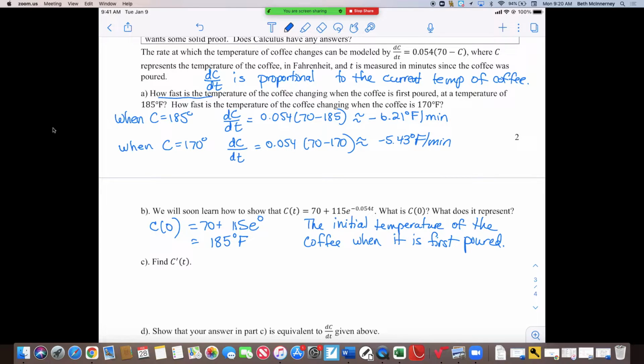In the next part, I want you to find the derivative of C of t. We're going to do that with the derivative techniques that you know. And this particular problem could be like a free response style question.